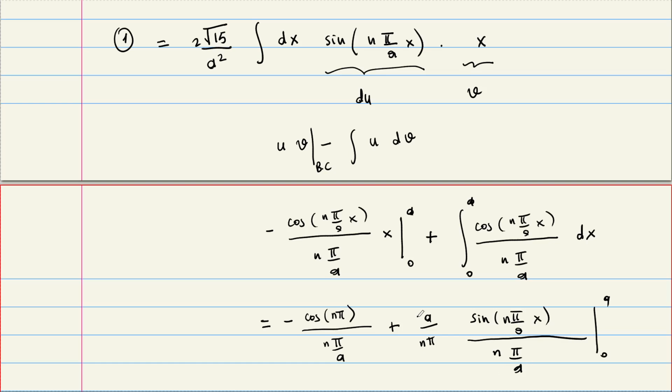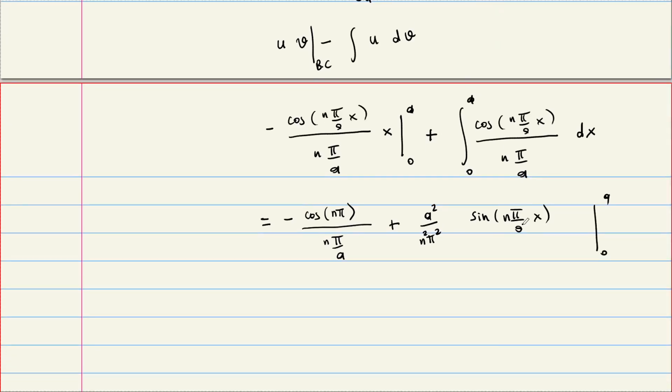And this one is going to combine. This is a squared, n squared, n squared. Let's erase this. But sine n pi is 0, sine 0 is 0. So this entire term is not going to contribute, which is nice. Then this whole thing becomes minus a over n pi cosine n pi. So now we are done.